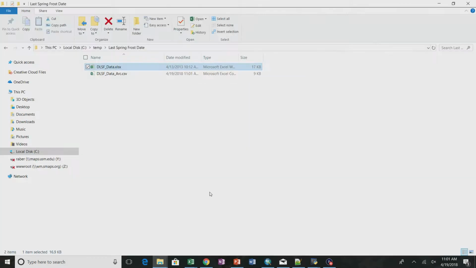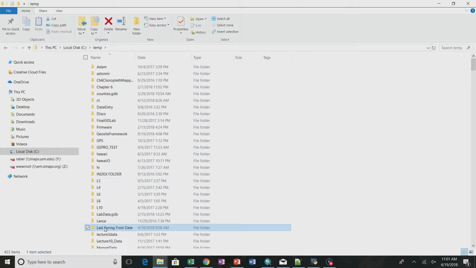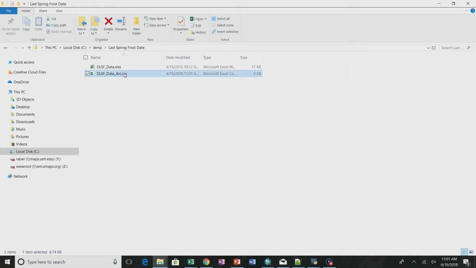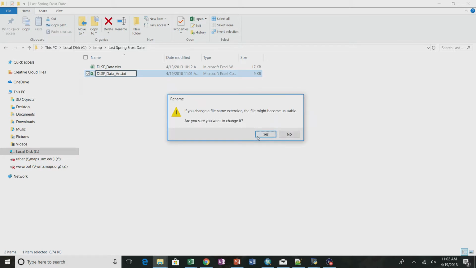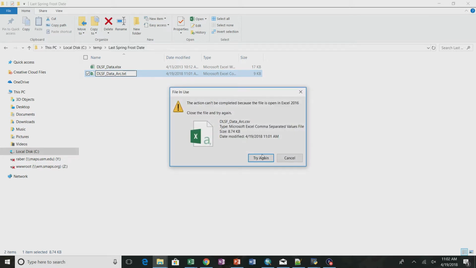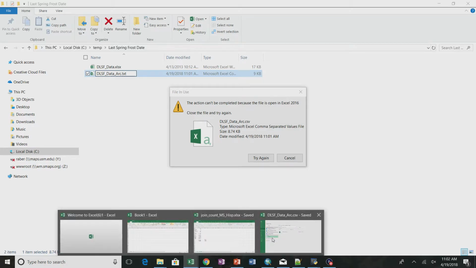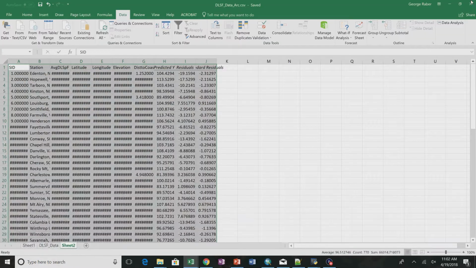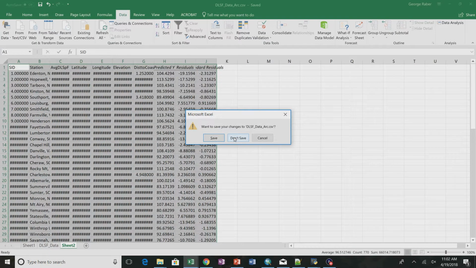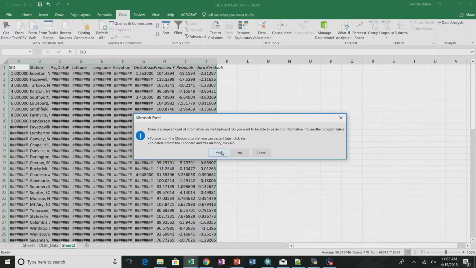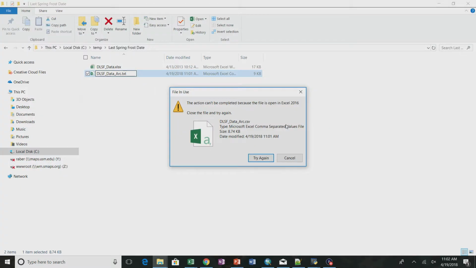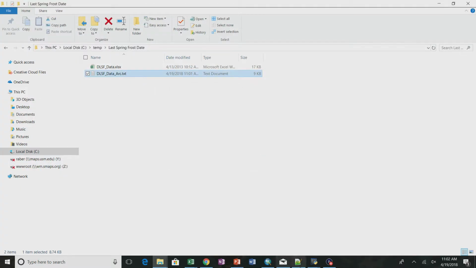One more thing I've got to do is ArcGIS does not like CSVs, so I just have to change the extension to text. It looks like I have to close it out of here. Okay. Try again. There we go.